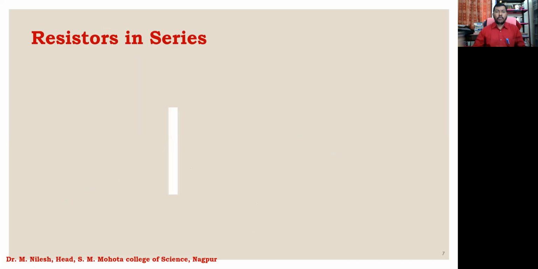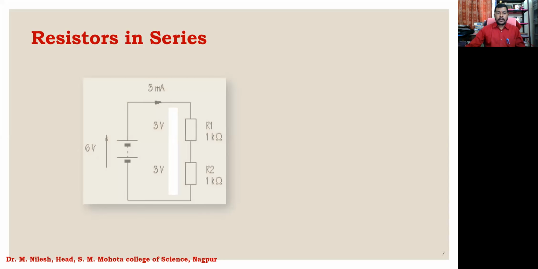The second most important thing in connection with resistors is when the resistors are connected in series, the resistances of both of them are added, right? So let us see how we connect them in series. This is how a series combination looks like.